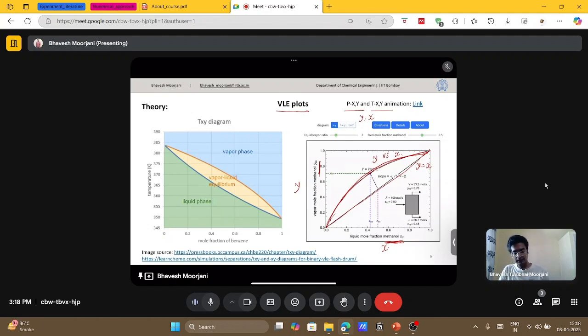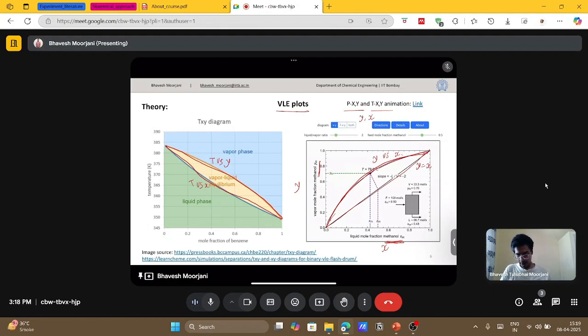If we transfer this data into a Txy plot, this is how the plot will look. This is another example. For the Txy plot, you will get two curves. One is the T versus Y curve and one is the T versus X curve. The bottom line is the T versus X curve while the top line is the T versus Y curve.